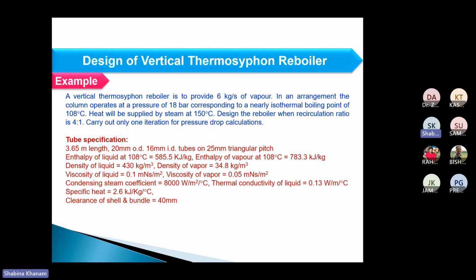Then we consider the pressure drop due to static head, because liquid or the mixture will always be maintained in the tube. And that should be lesser than the available pressure drop on the distillation side. So all these we need to calculate to ensure that the recirculation we have assumed is valid.